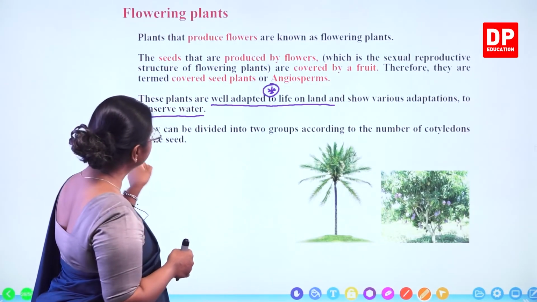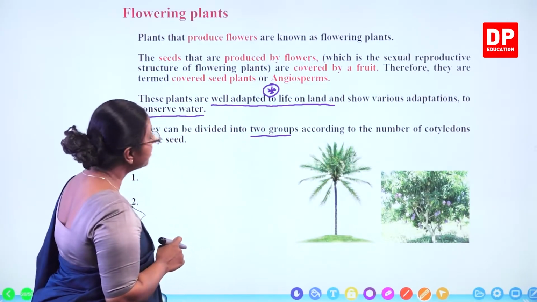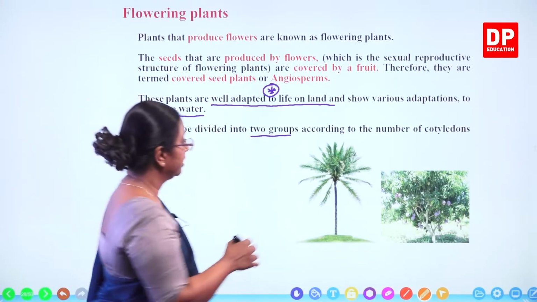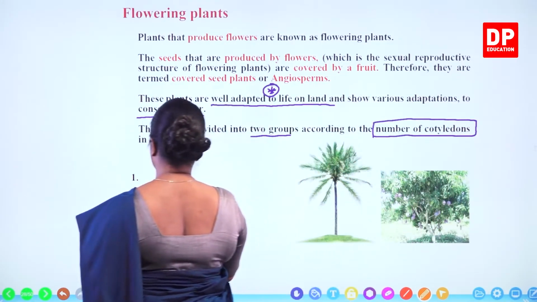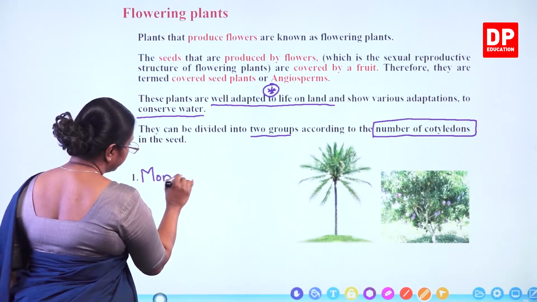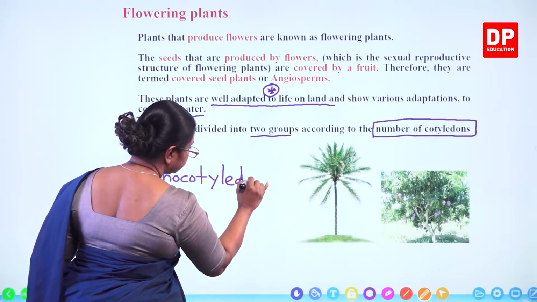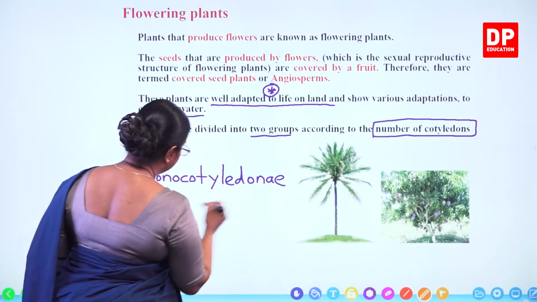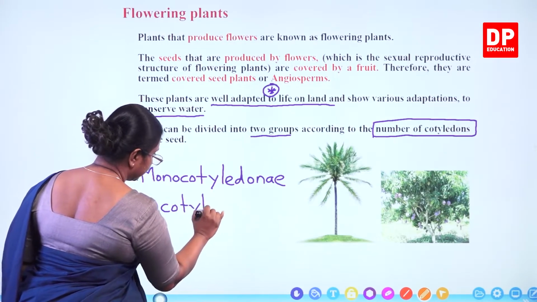So they can be divided into two groups according to the number of cotyledons in the seed. So if we write the names, monocotyledonous plants and dicotyledonous plants.